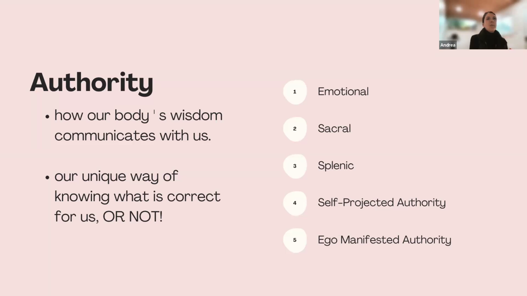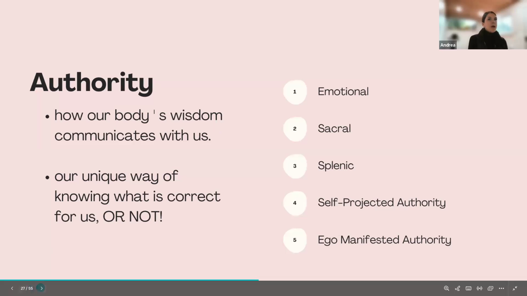So this will hopefully make sense when we go through the slides and you'll learn a little bit more about what each one means. But the way I understand authority is, again, it's not all or nothing. If you have certain centers defined, it's saying that you'll likely make the best decisions if you listen to that response from your body. Hopefully that makes sense.